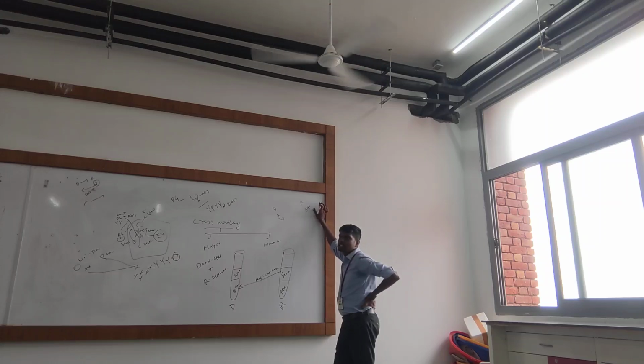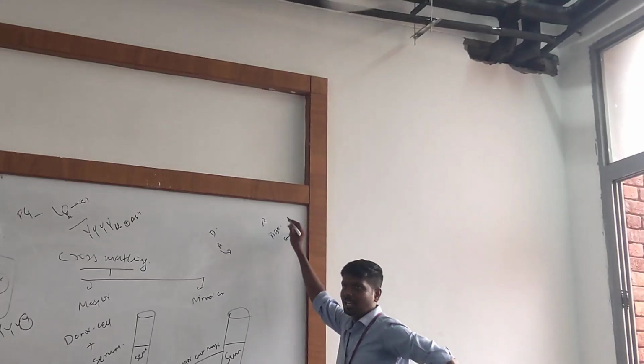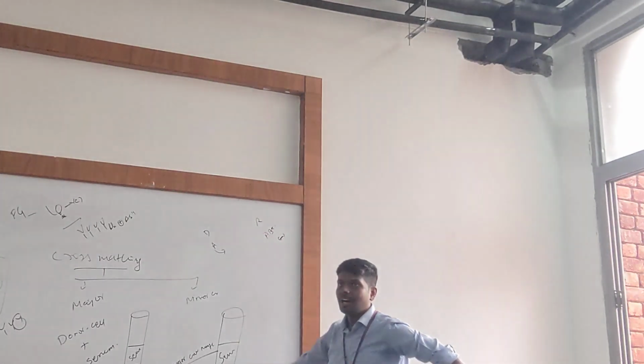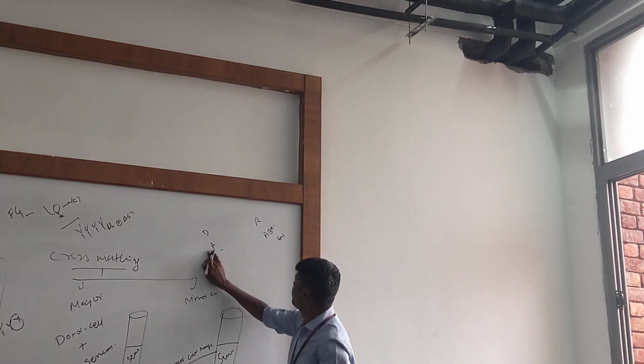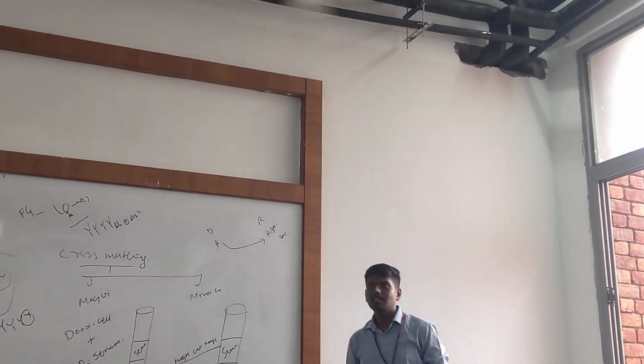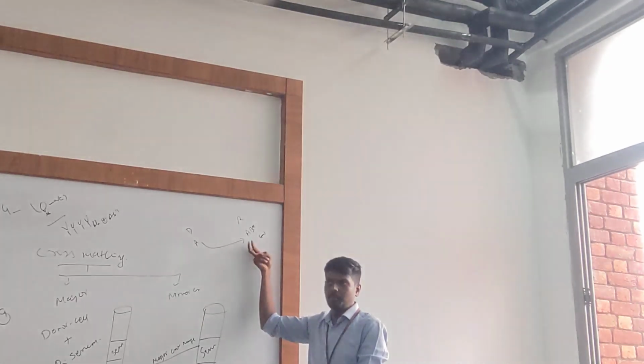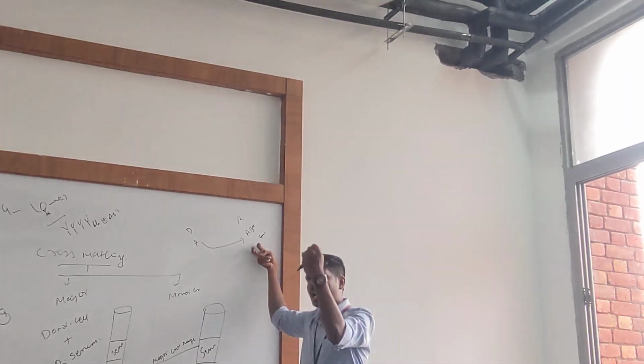AB positive is universal recipient because he doesn't have any antibodies, so that's why he can receive all the blood groups. That means he can also receive blood from A group individual, to my knowledge. Am I correct? He can receive blood from A group because he doesn't have antibodies as per rule number 1. Recipient should not have antibodies.